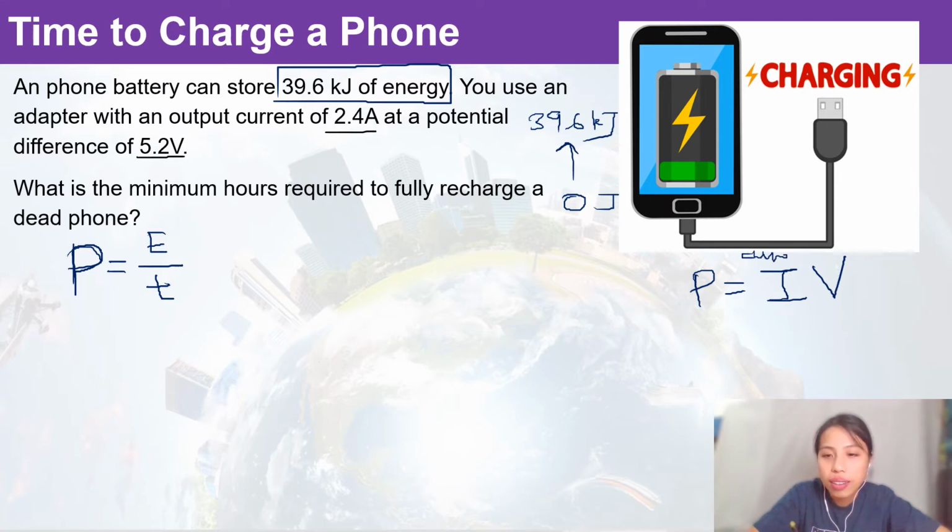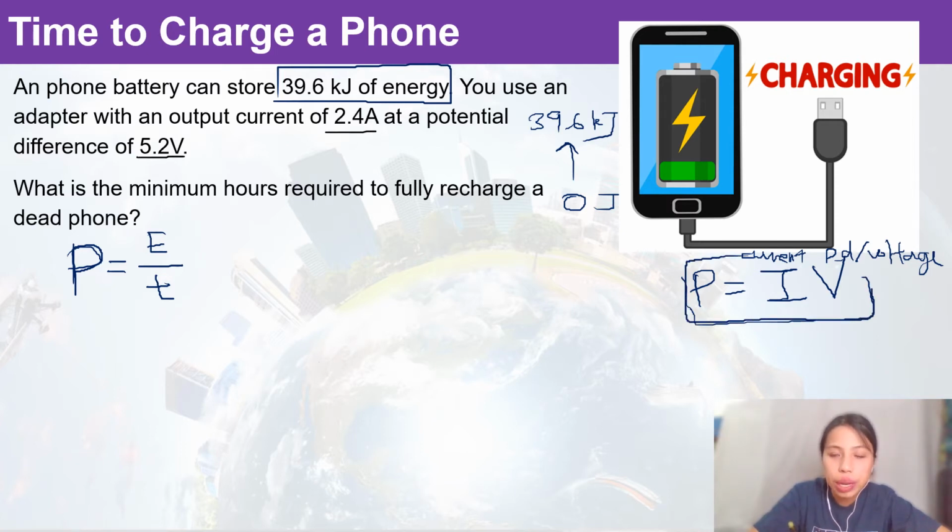So P equals I times V, where I is current and V is potential difference. Hang on to this first. You might need to use it a little in this chapter to calculate power for anything electricity related, but we will learn the full details of P equals IV properly in a future chapter.